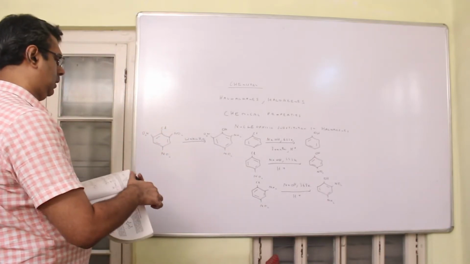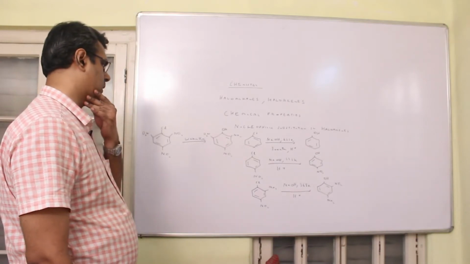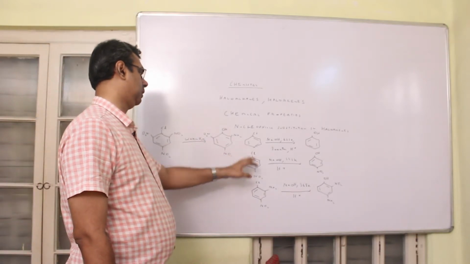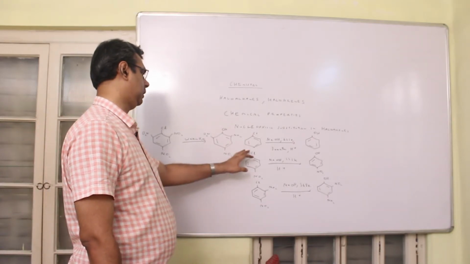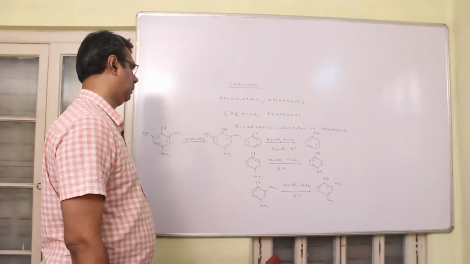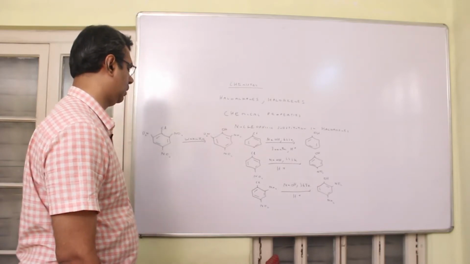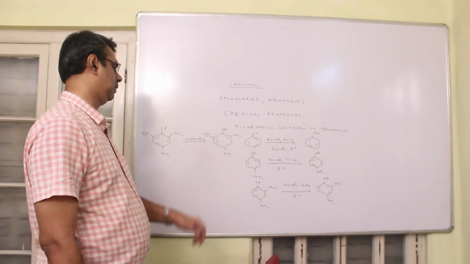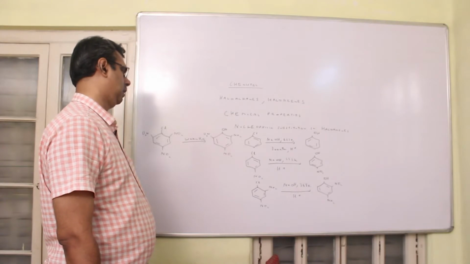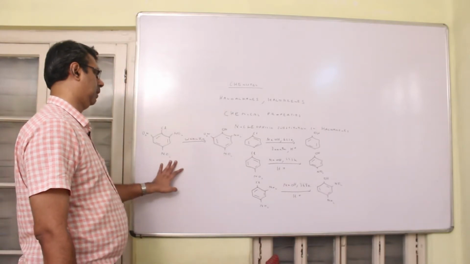So this is an example of nucleophilic substitution reaction in haloarenes. You can see that nucleophilic substitution is not very easy to achieve, and if you increase the number of electron withdrawing groups, then the electron density on the ring becomes less, and then nucleophilic substitution becomes easier.